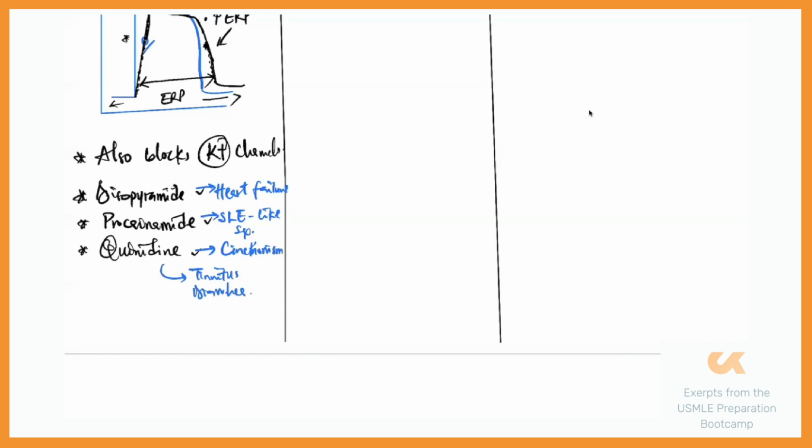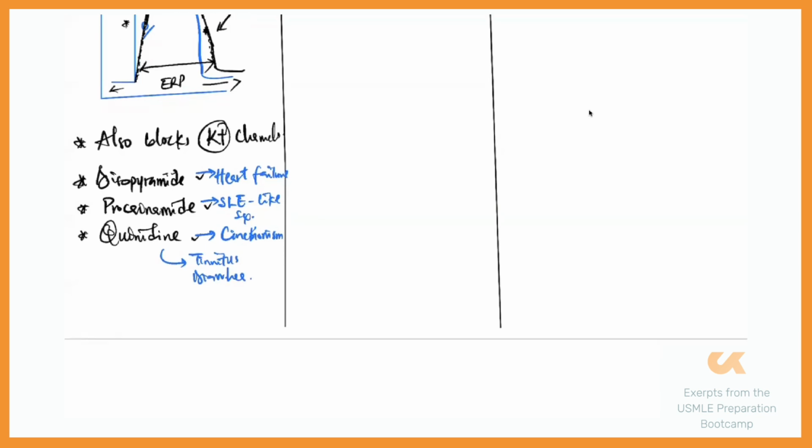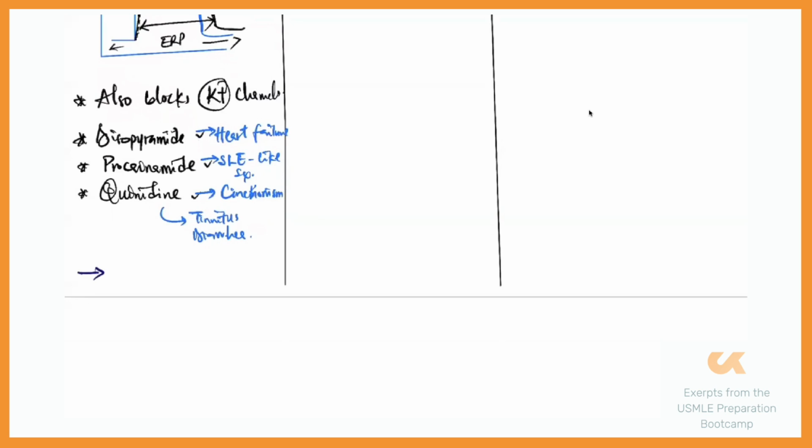You want to remember that as a class effect, these medications can cause prolonged QT interval. And if you prolong the QT interval, you increase the risk of developing torsades de pointes. You want to remember that.